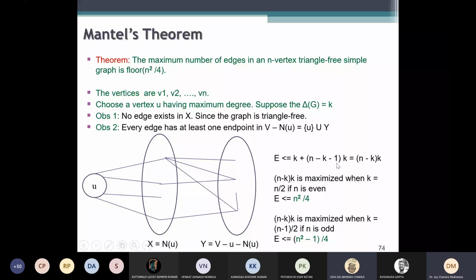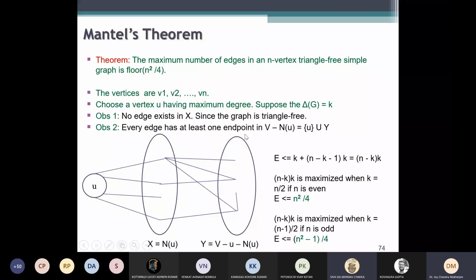Since the graph has maximum degree K, what could be the maximum degree of each of these vertices? It could only be K. So n minus K minus 1 into K is the maximum number of edges that is possible in this graph. For U we count K. How many vertices are there in partite Y?